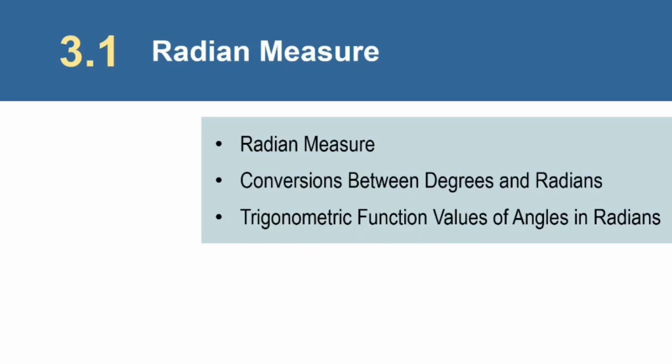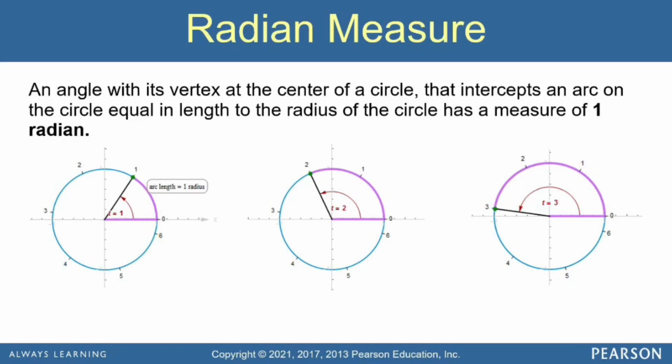So let's get started. First of all, what is a radian? Well, an angle that has its vertex at the center of a circle that intercepts an arc on the circle equal in length to the radius of the circle has a measure of 1 radian. So you can see on the diagram here, we have a circle on a coordinate system, and the circle has its center at the origin.